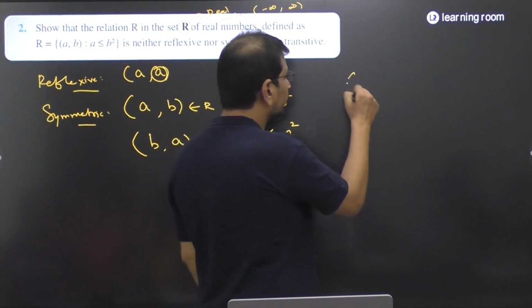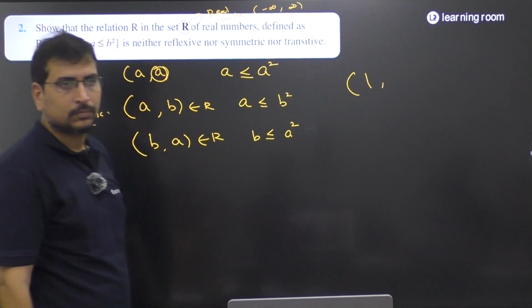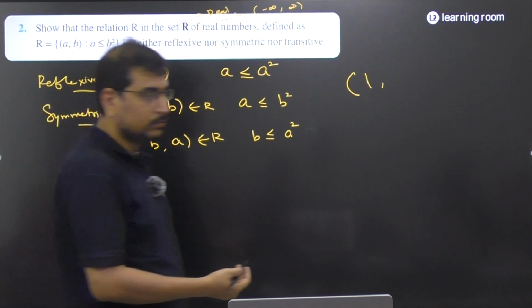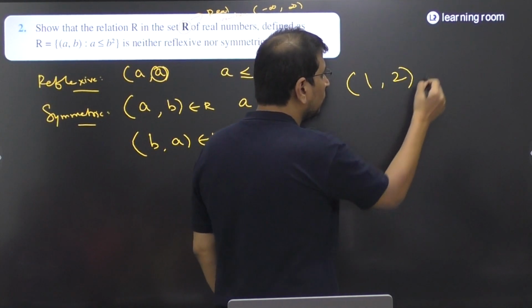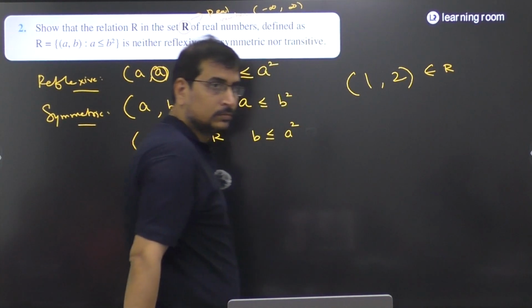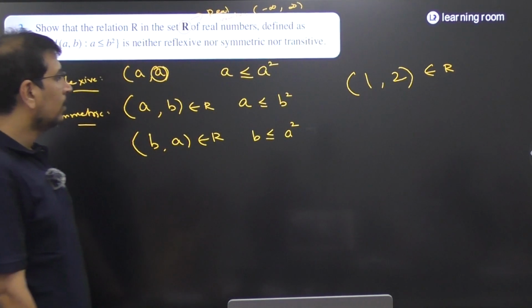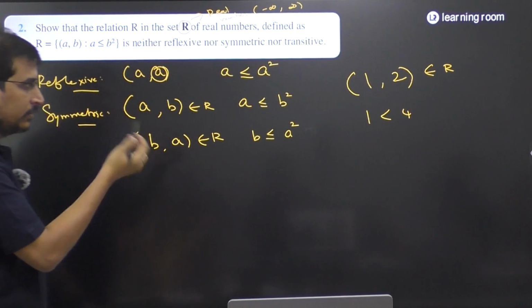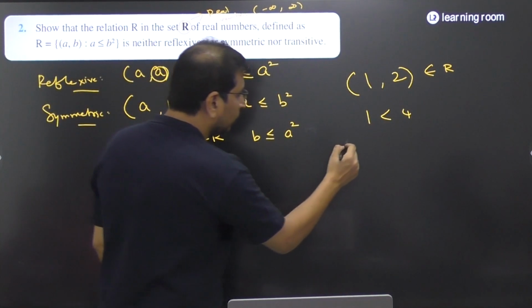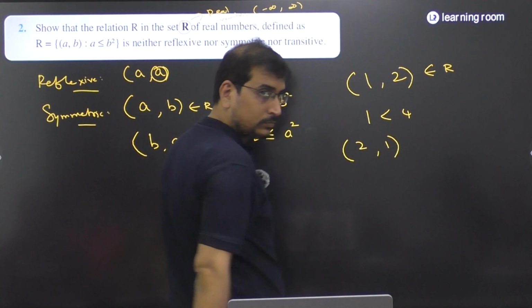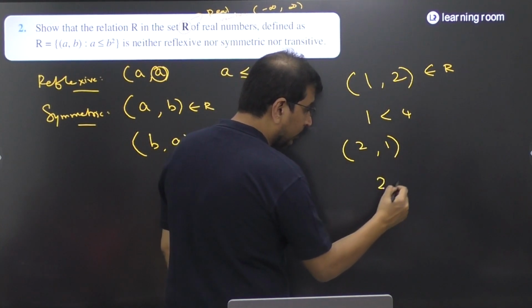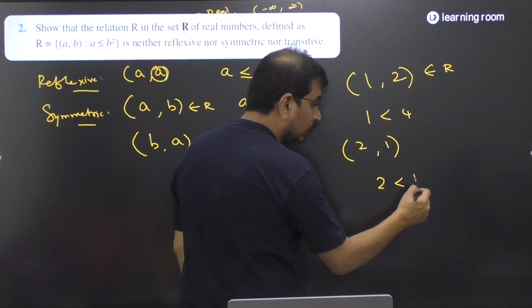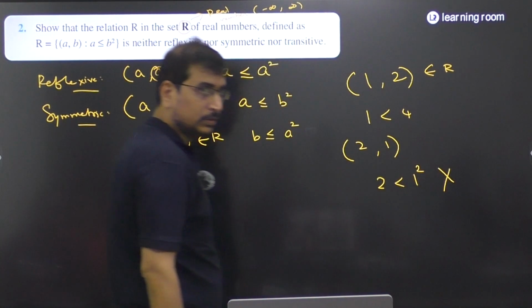Suppose I take 1, shall I take 2? So (1, 2), does this belong to R? Yes. So 1 is obviously less than 4. Not necessary that both should get satisfied. 1 is less than 4. But if I take (2, 1), what will happen? 2 is less than 1 square, which is not possible.